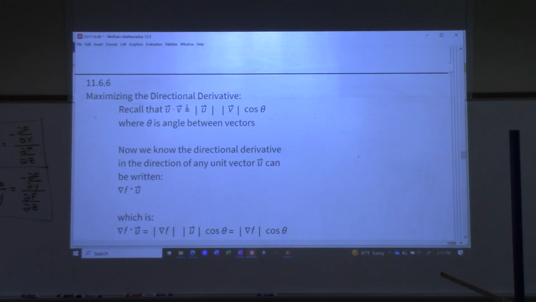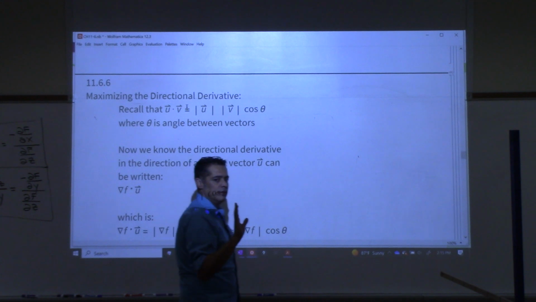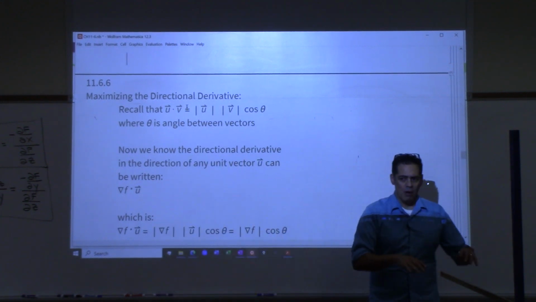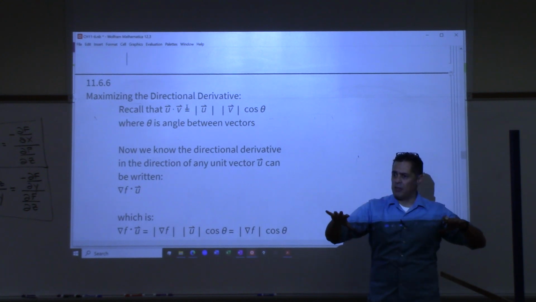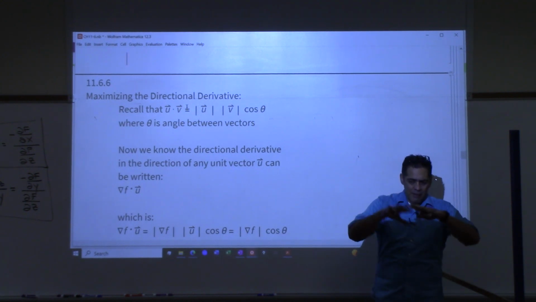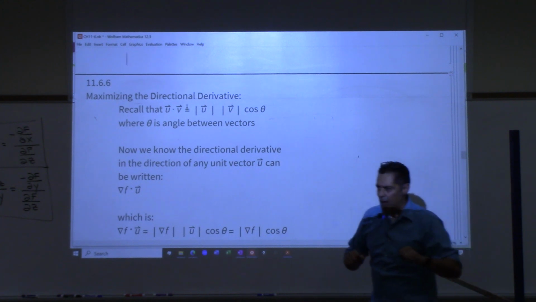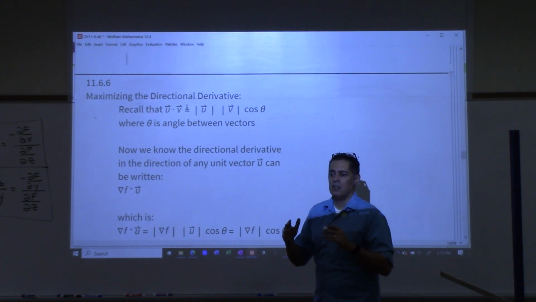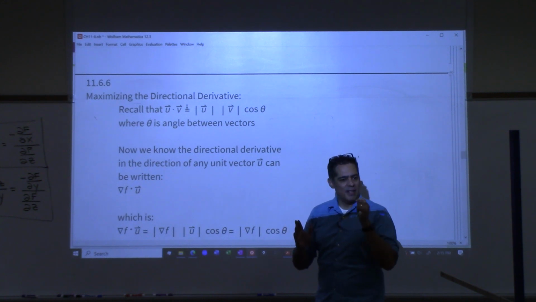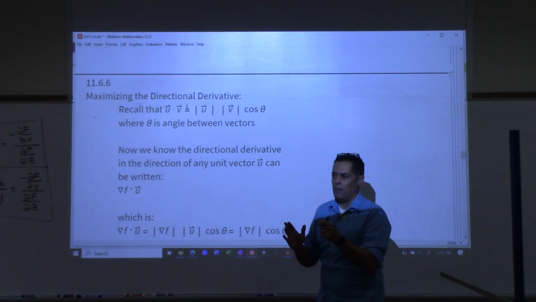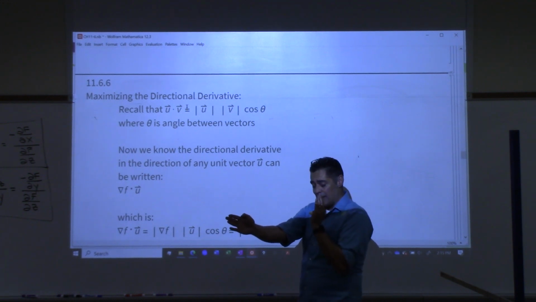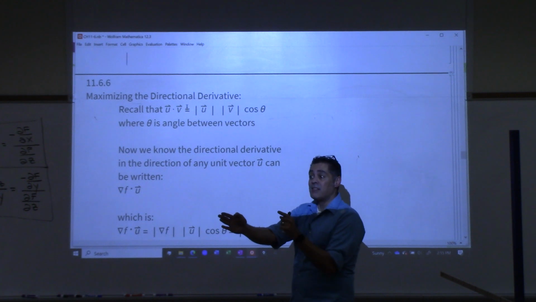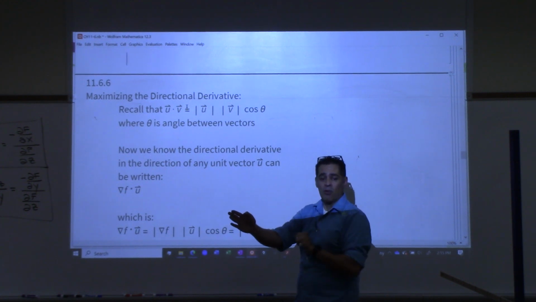All right, so look, the big question here is if you go, let's go back to the two variables, all right? The surface in three-dimensional space. If I have a surface and I go to some point, I go out x, I go y, and I'm up here on the surface, wouldn't it be nice if it was easy to tell somebody what direction to point so that when they take that step, it's the maximum ascent that they're going to get?